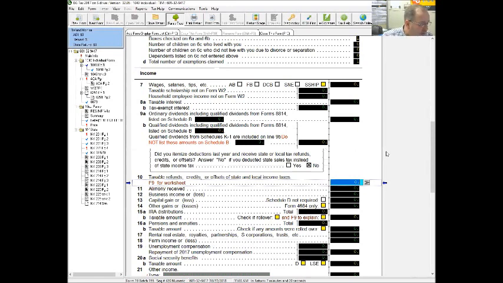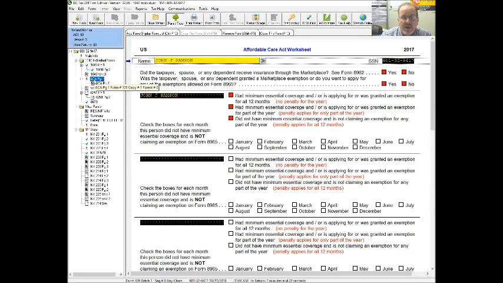The next bullet point does say that he had health care the entire year. If I look on my tree on the left, I'm going to light it up in blue here and click on it. This is our Affordable Care Act worksheet. Basically what this is saying is, did he have health insurance? He did not get it through the marketplace.